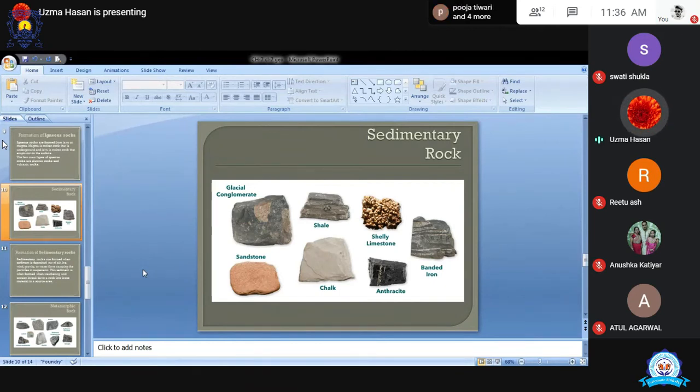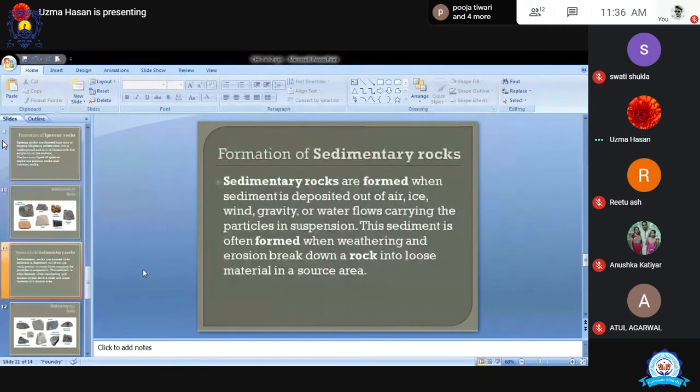Gravity or water. ये सेडिमेंट किसी भी तरीके से एक जगह पे डिपॉजिट हो सकते हैं, मे बी विद द हेल्प ऑफ एयर, मे बी विद द हेल्प ऑफ आइस, wind, gravity, water, whatever the natural forces are there.